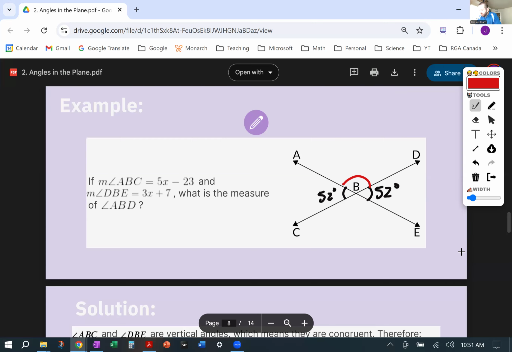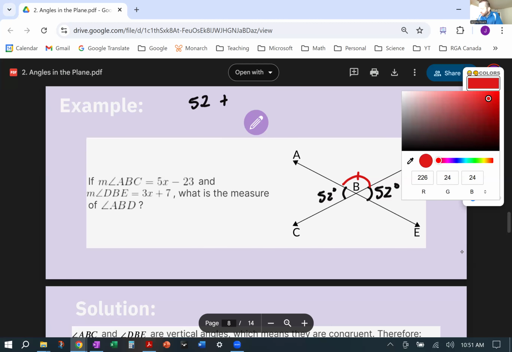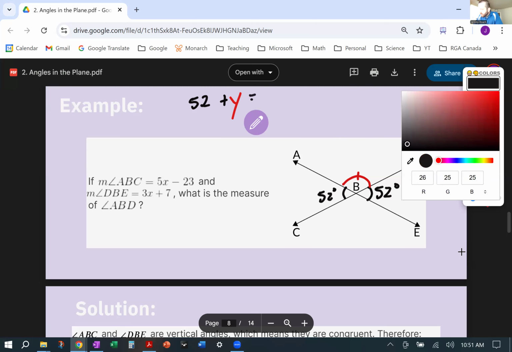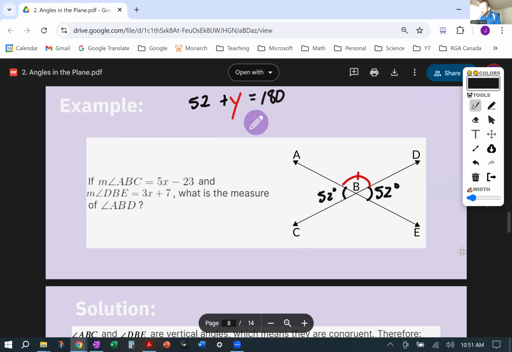Because the 52 and the red angle form a linear pair, now we can write one more equation. This is 52 plus, I'm going to say the red angle is y, just because we've already used x earlier. And that equals 180 degrees because that's a linear pair.